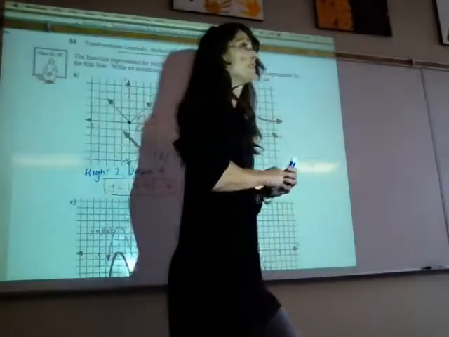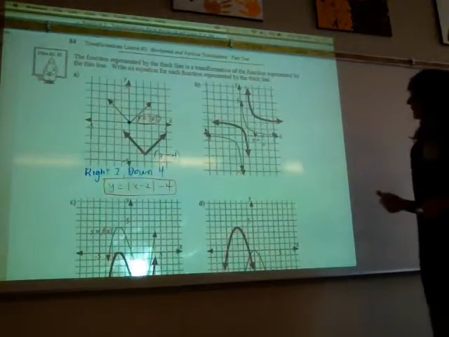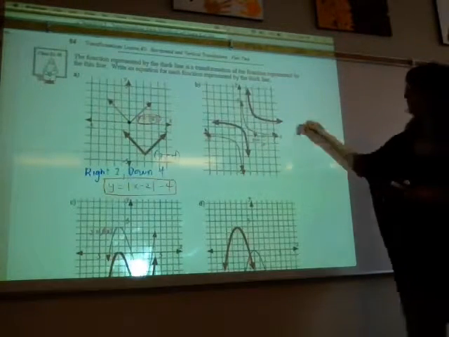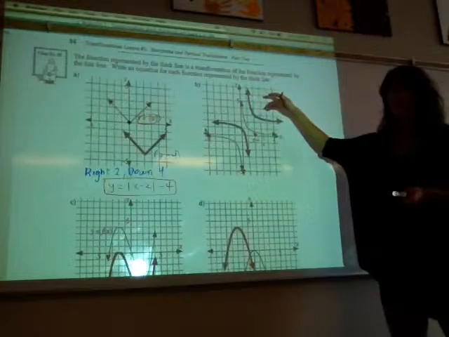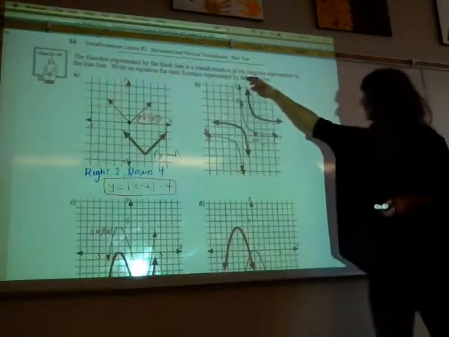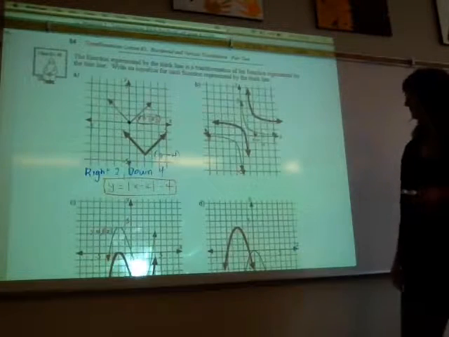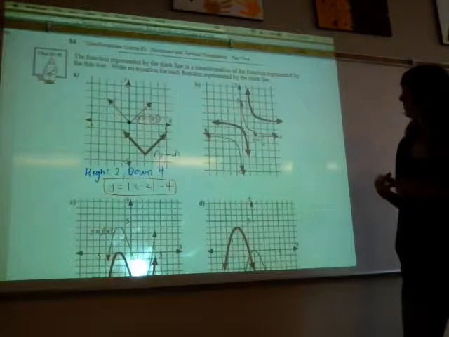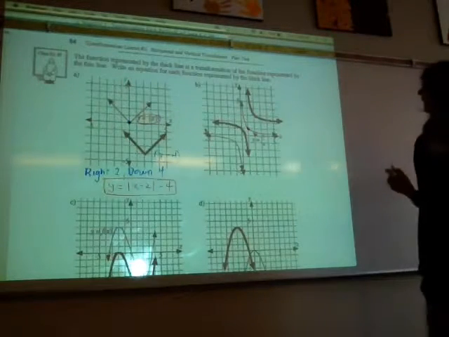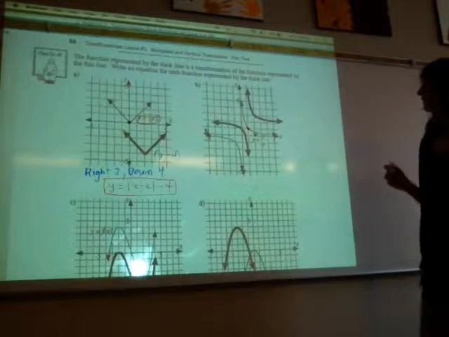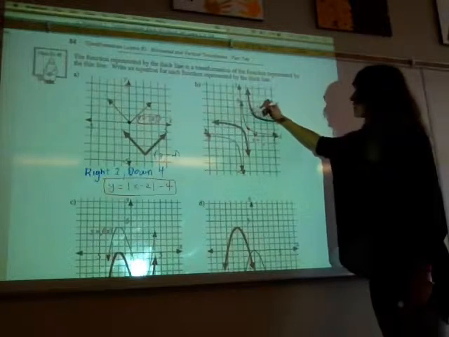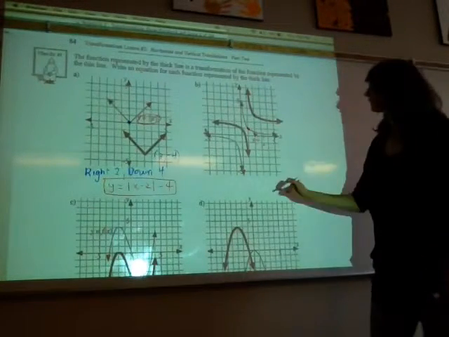Okay, next graph. We have the reciprocal function y equals 1 over x. Just keep in mind there are 2 pieces to this graph, here and here. We have a vertical asymptote in between. Let's mark out a key point on that graph, maybe here, and figure out where it ended up. We're going to go up 2 and to the right 1.